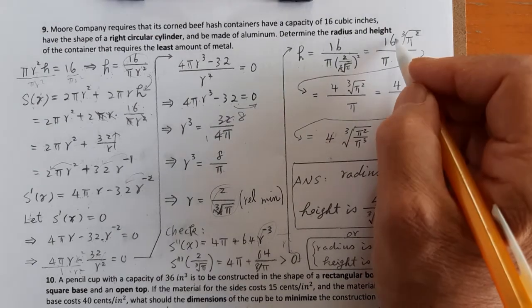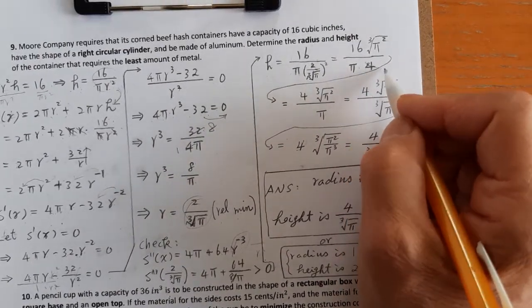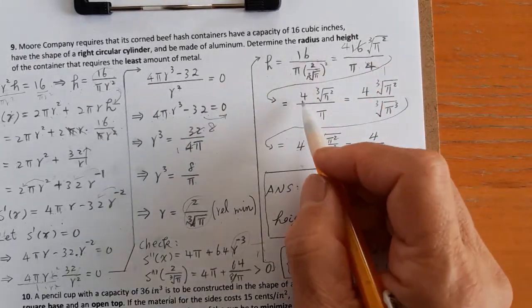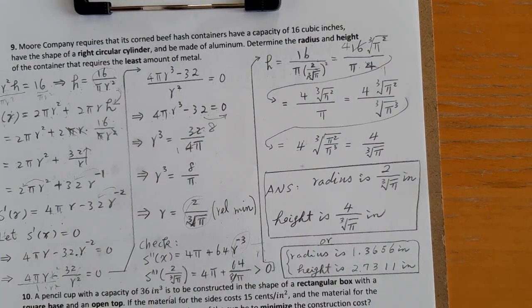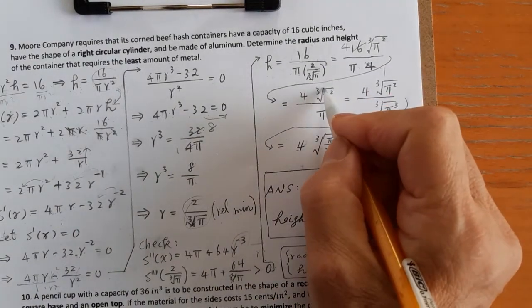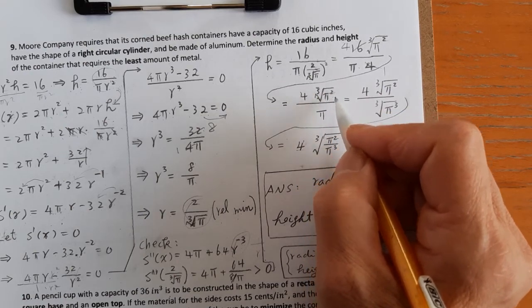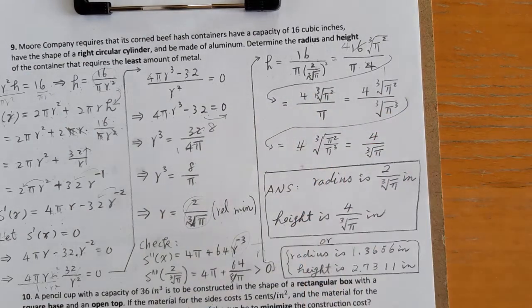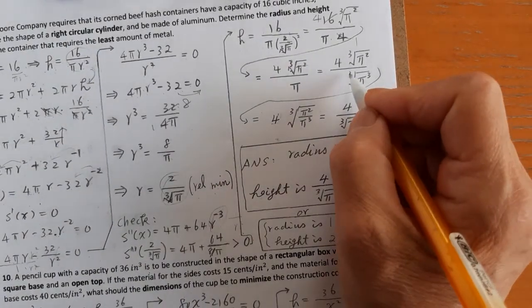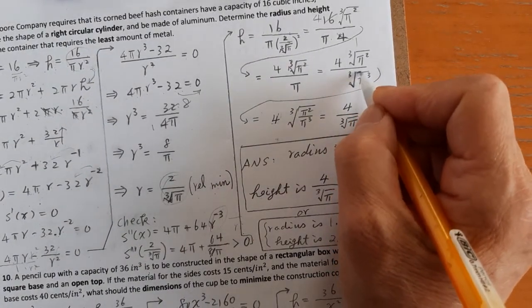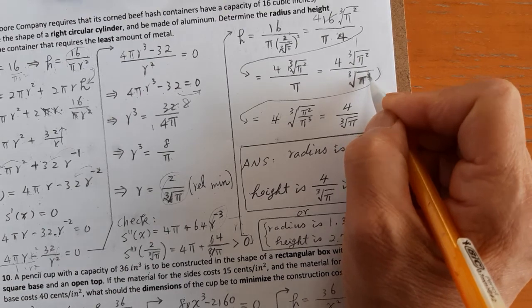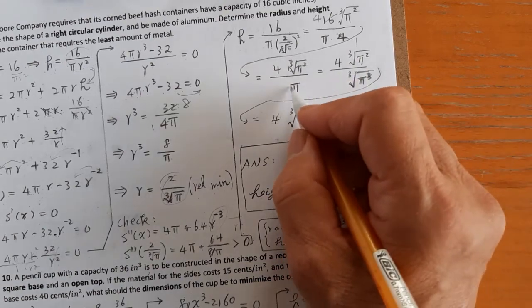And cancel 4 and get 4 on the numerator. And the cubic root of pi squared over pi. Pi, you can write as the cubic root of pi cubed, because the cube and cubic root cancel, it's just pi.